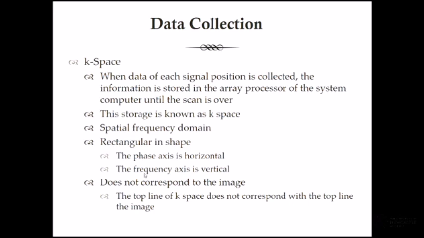When data from each signal position is collected, the information is stored in an array processor. All that's saying is that we collect a lot of data fast, so we put it into an array processor of the system until the scan is over, so it can be reconstructed in a timely fashion.